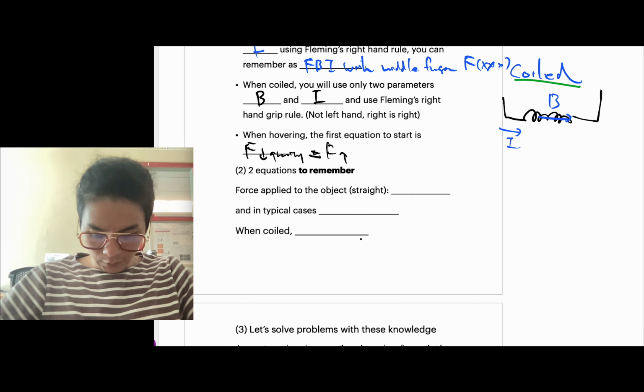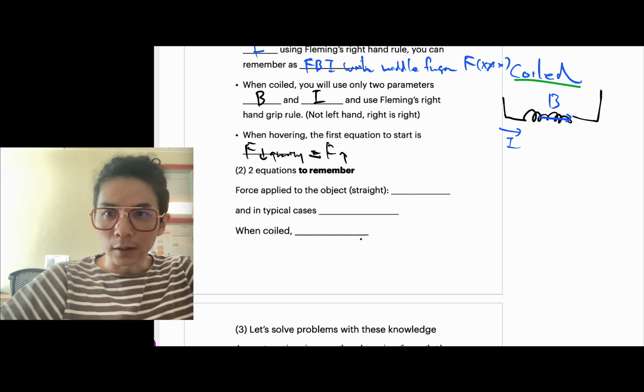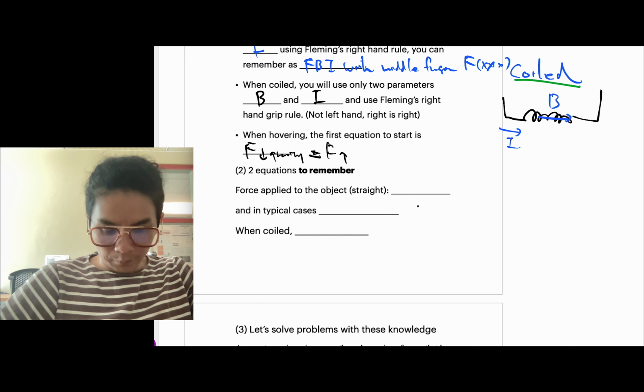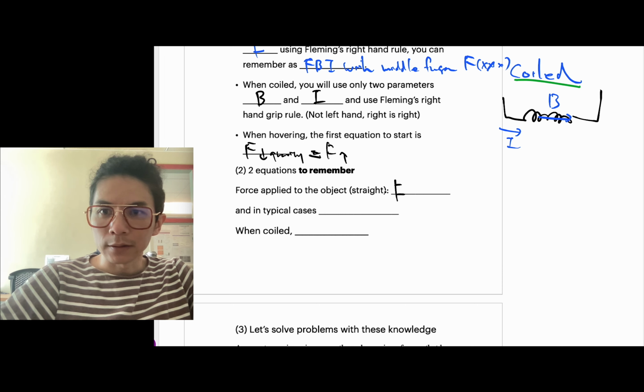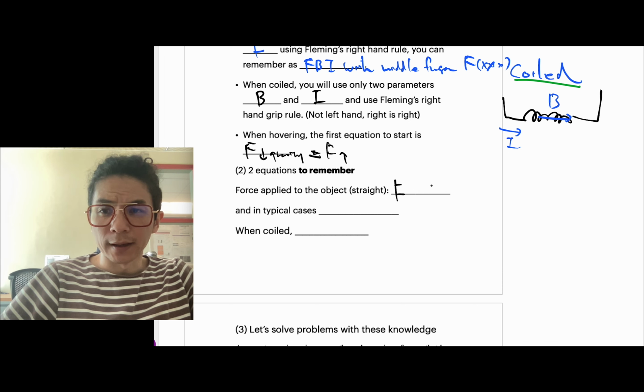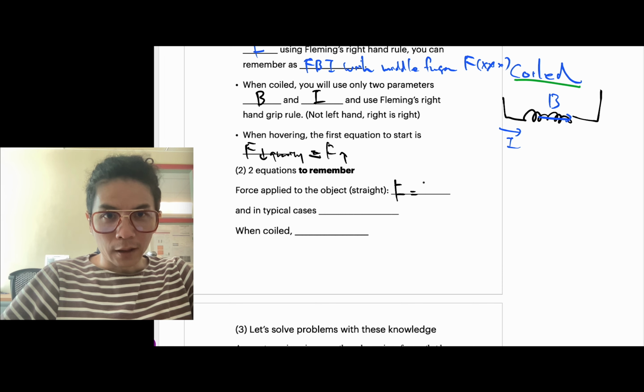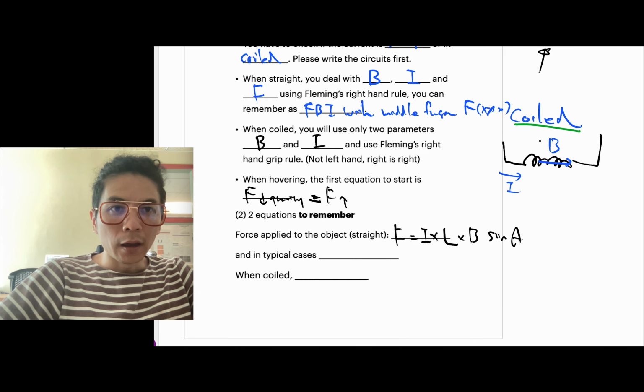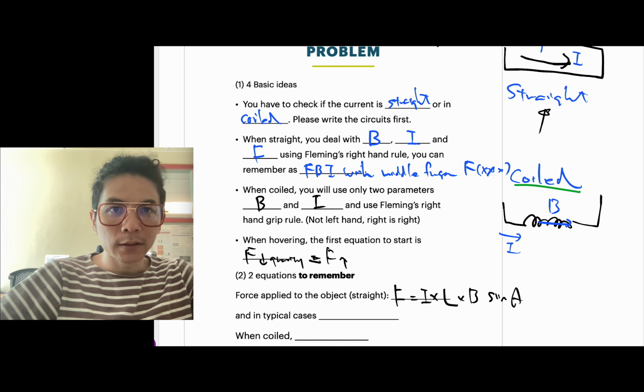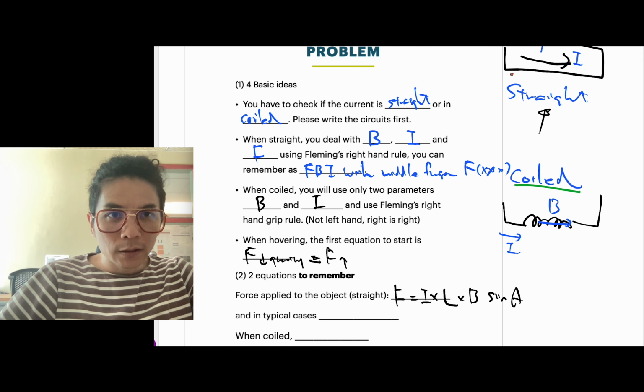Okay, let's study the equations to remember. The force applied to the object is F. This is the straight case, so you only have to deal with FBI, and F equals I multiplied by L multiplied by B and sine theta. Here L means the length of this object.